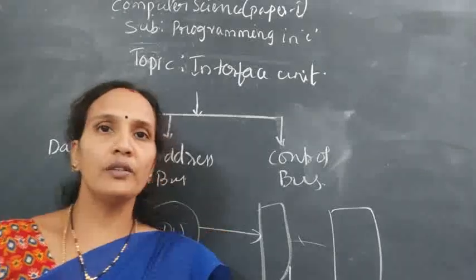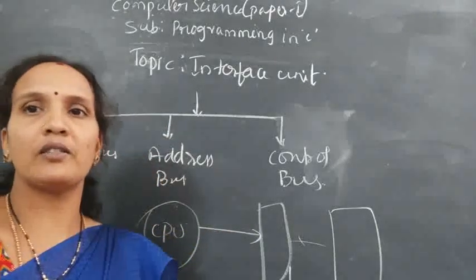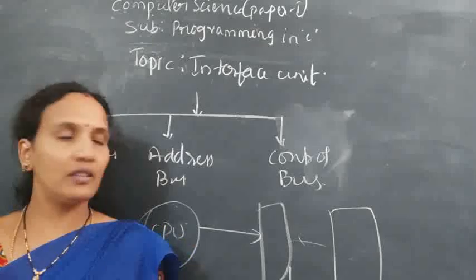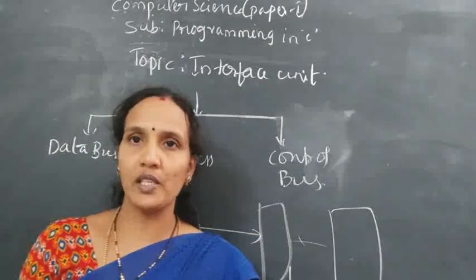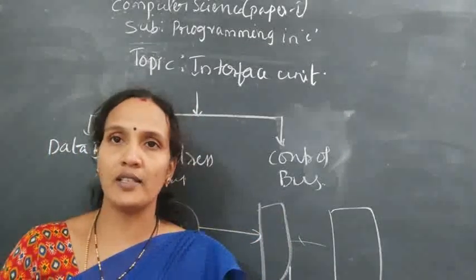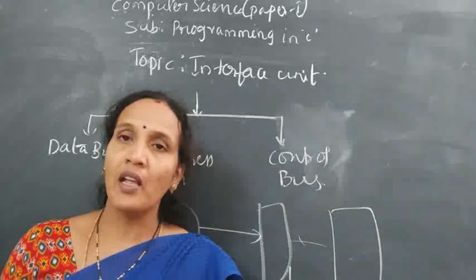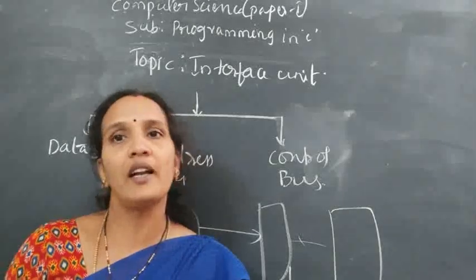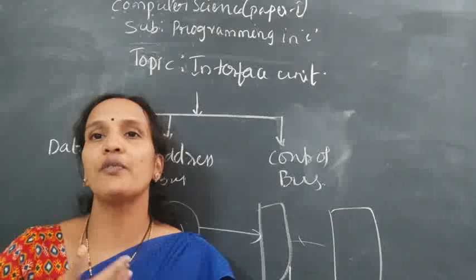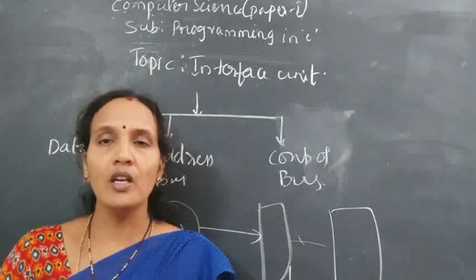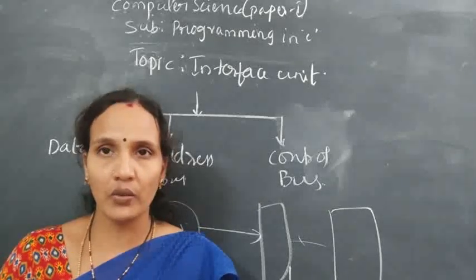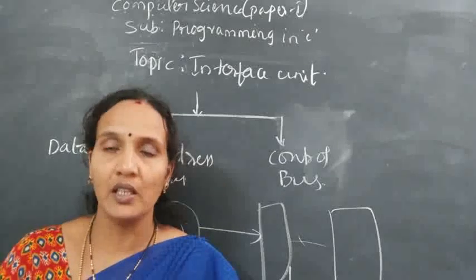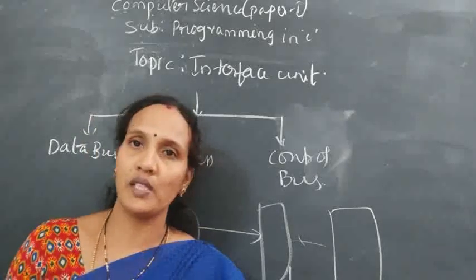So the interface unit is nothing but a connection between your CPU and other parts of the system, because the CPU needs instructions and data from other units. And who will give that data and instructions to the CPU? This interface unit will give. So, what is the interface unit? The interface unit provides interconnection between the CPU and other units of the system.